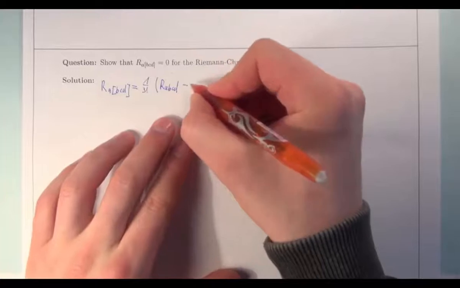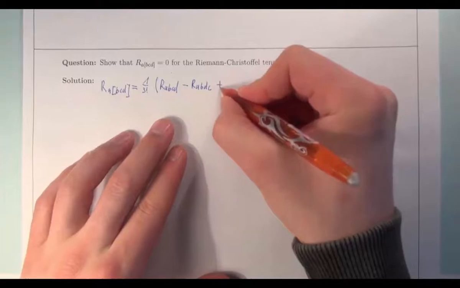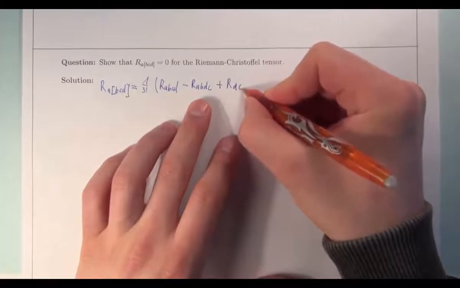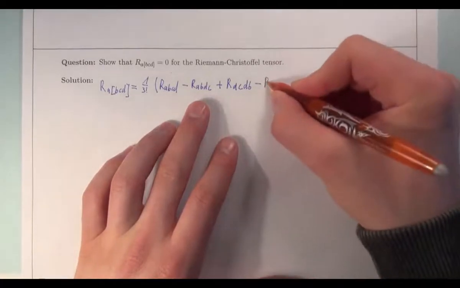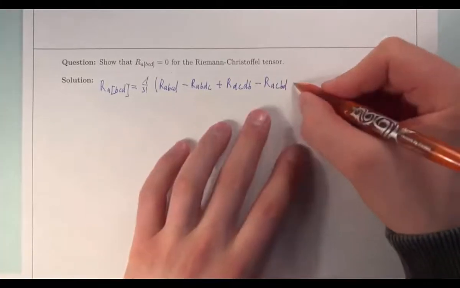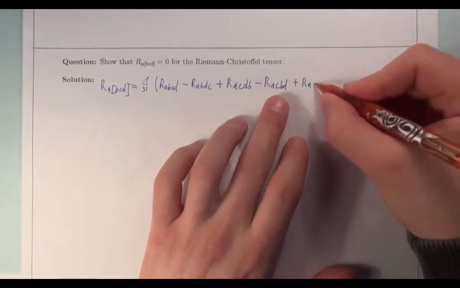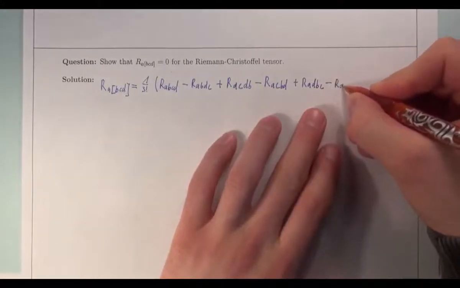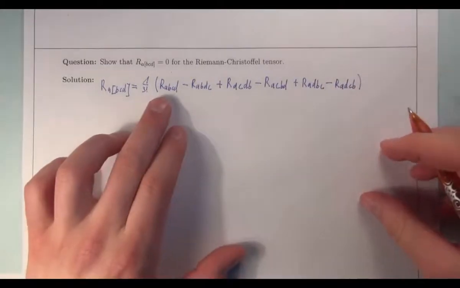It's R_ABCD minus R_ABDC plus R_ACDB minus R_ACBD plus R_ADBC minus R_ADCB. Just checking whether I've made a mistake or not.